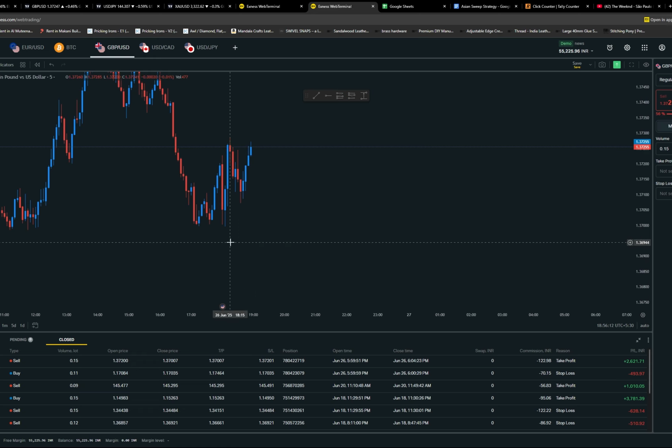Today it was a small event, a quarterly GDP event. So it was just 1:4 and it hit our TP at 1:4 and reversed. Then we lost Euro USD. So that's the minus 493 and plus 2,600.